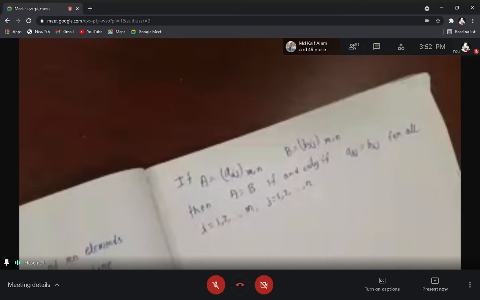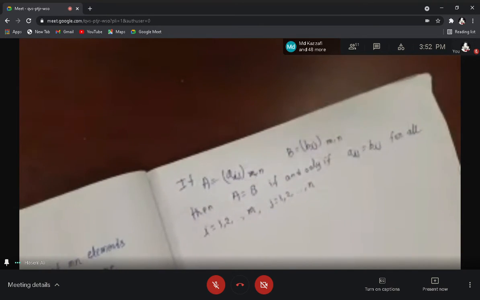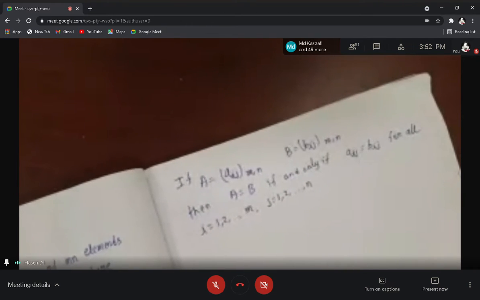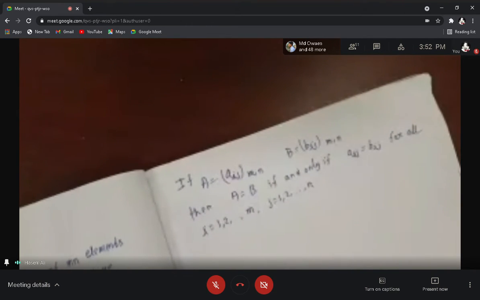That means if all Aij's and Bij's are equal and the orders are the same, then the two matrices are called equal matrices.